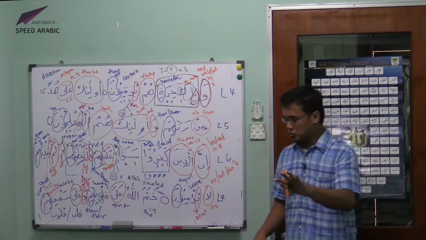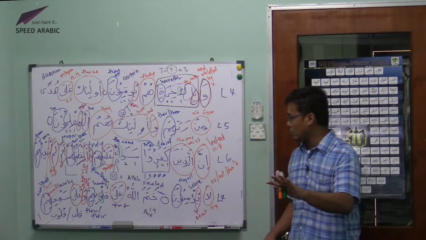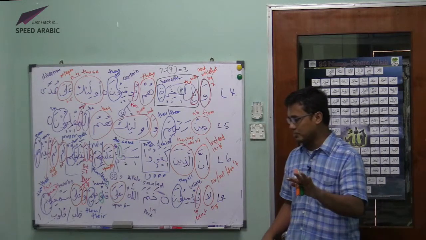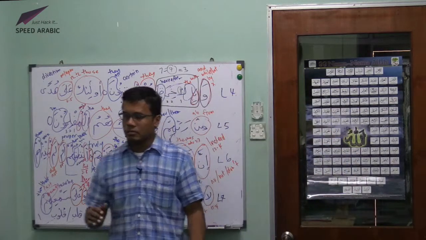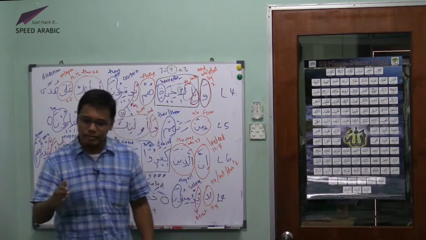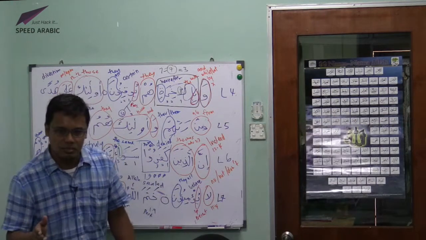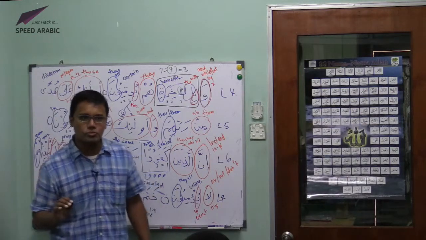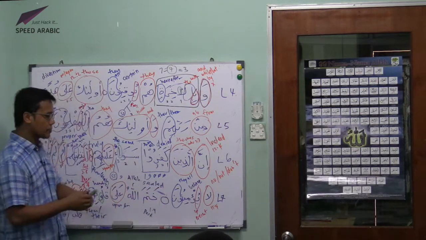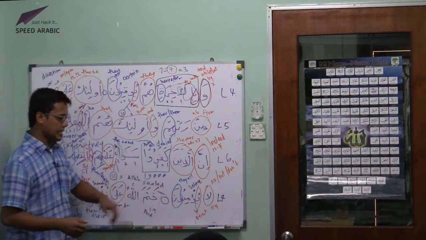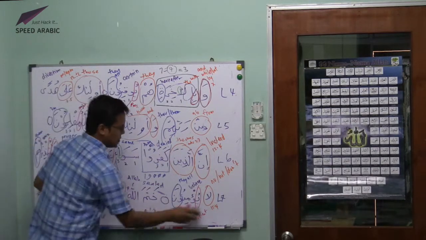I want to highlight something. Remember when I said about NVP? What do you need to remember about V, verb? The acronym is what? TAA. Okay, give me the meaning.